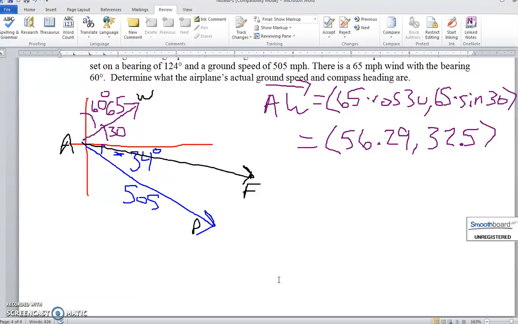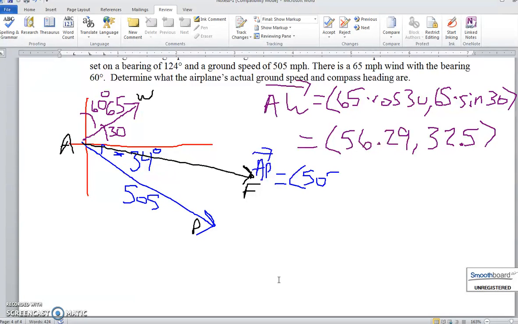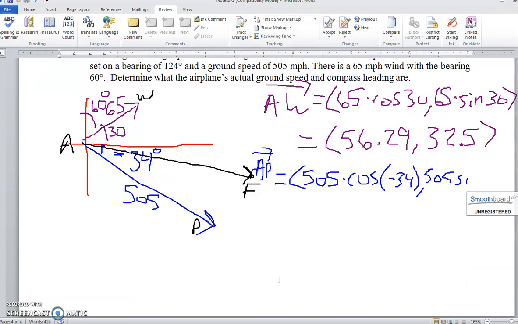I also need to figure out a vector that would represent the plane. So that's going to be AP. That was a speed of 505, so that's my magnitude there, times cosine of the angle. Remember, my angle measure was negative 34 degrees for the math part of it, comma, and then 505 times sine of negative 34.